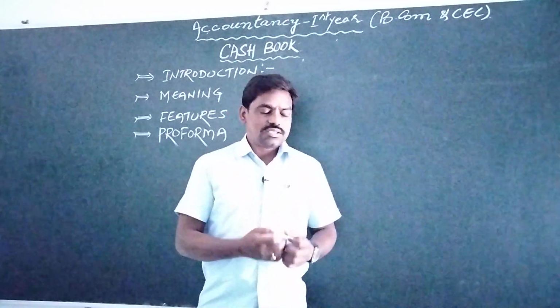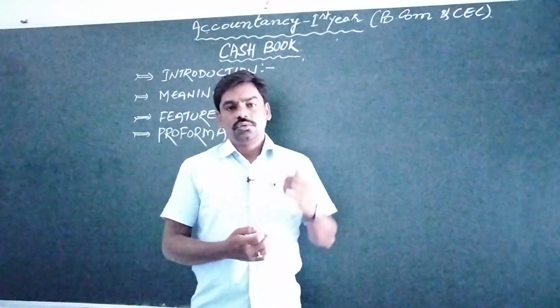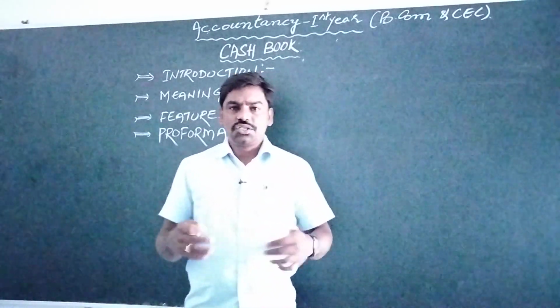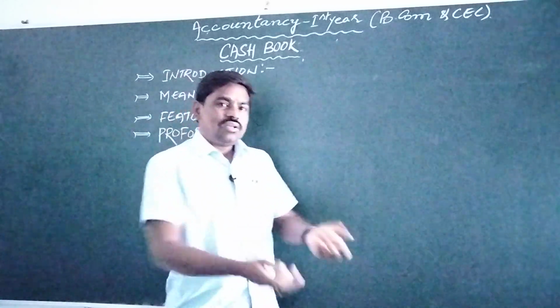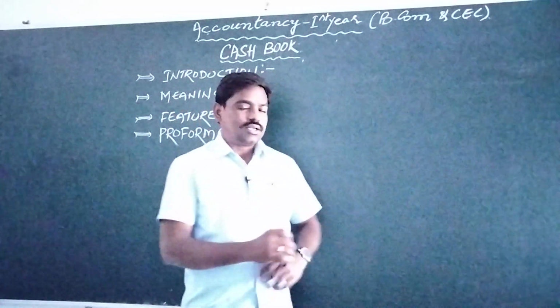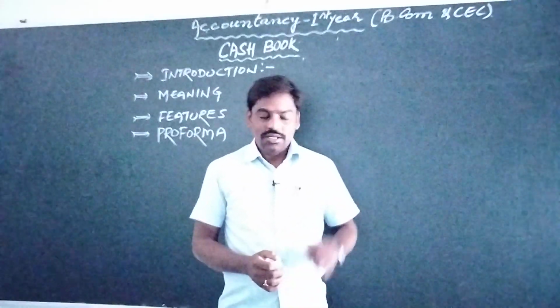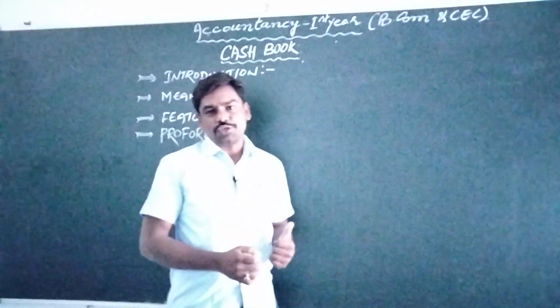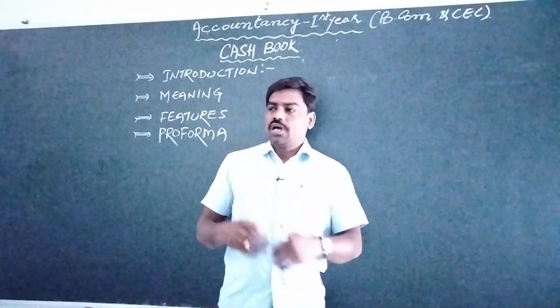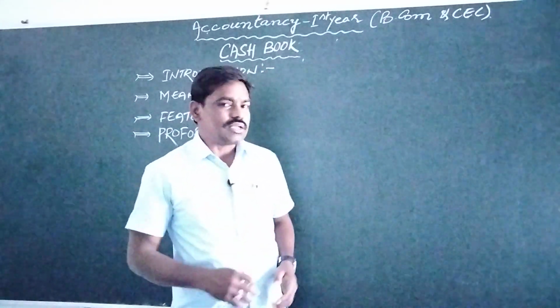All types of business transactions include cash receipts and cash payments. Whenever we receive cash from outsiders, that is called cash receipt. That should be recorded in the cash book. Similarly, cash payments. Whatever amount we pay to outsiders, that is called cash payment.